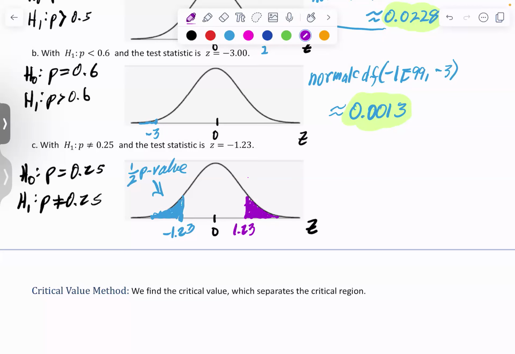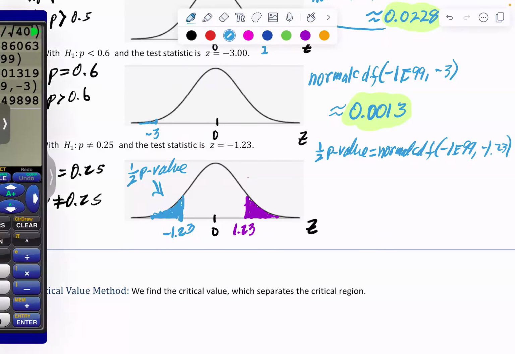So to find the p-value, I'm actually going to find that half a p-value. Which is going to be normal CDF -infinity to -1.23. And again, that's only going to be half of my p-value.